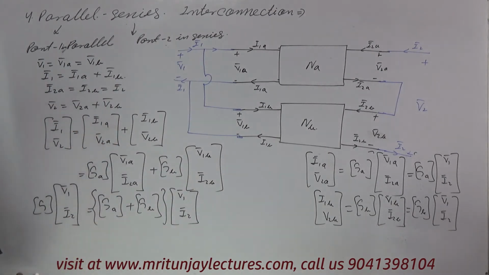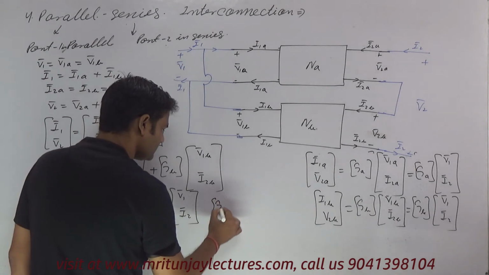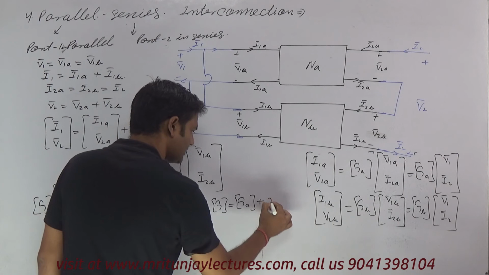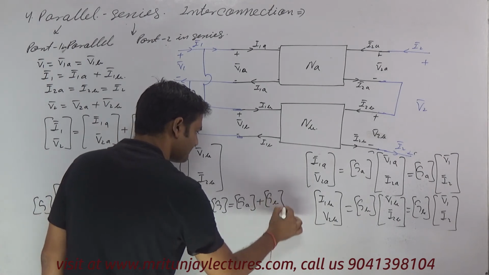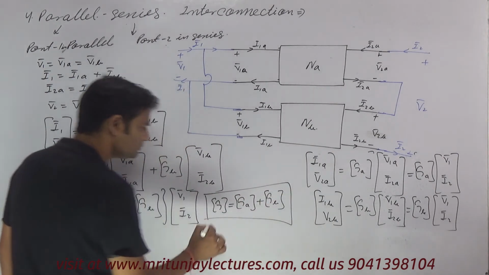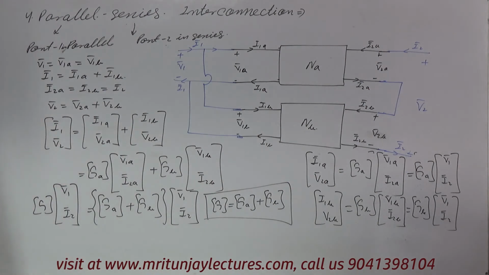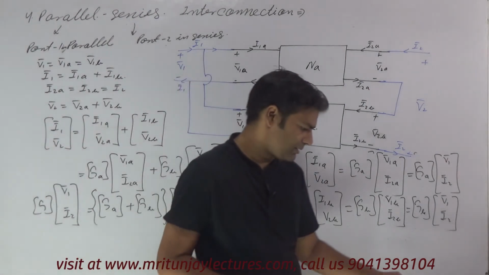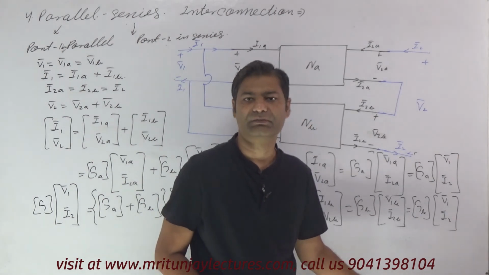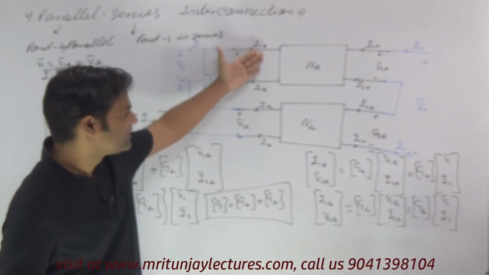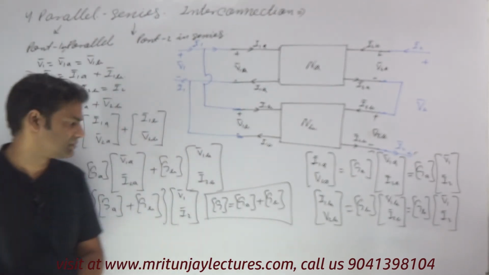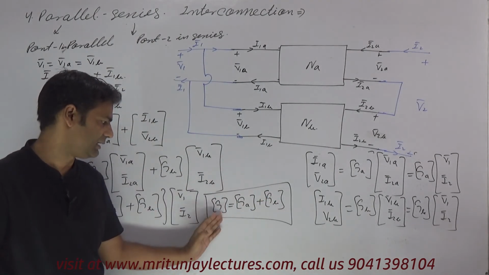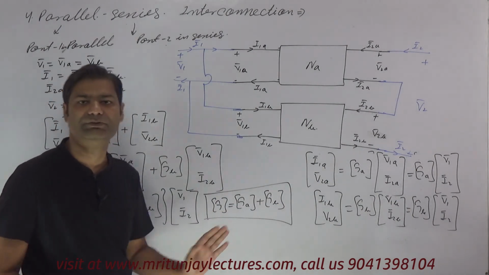If we compare this one, we got G is equal to GA plus GB. Okay, this is the parallel series combination. Very simple. If we get this type of combination, then determine G parameters GA and GB, and the sum GA plus GB is equal to G.